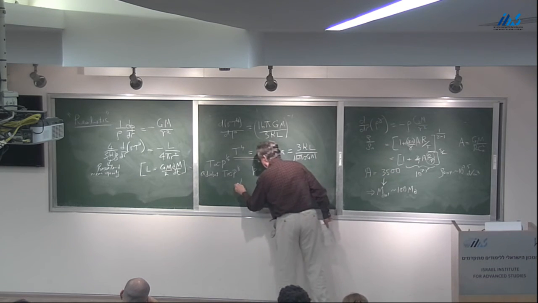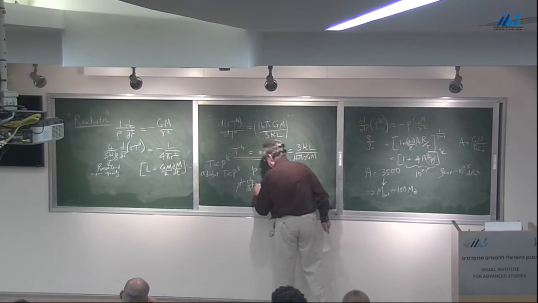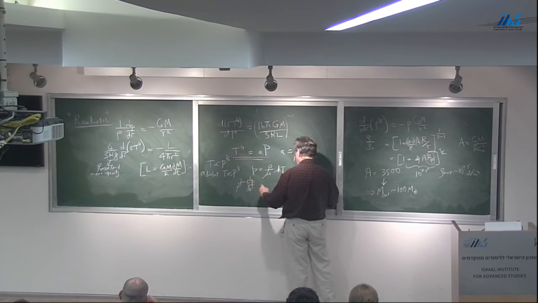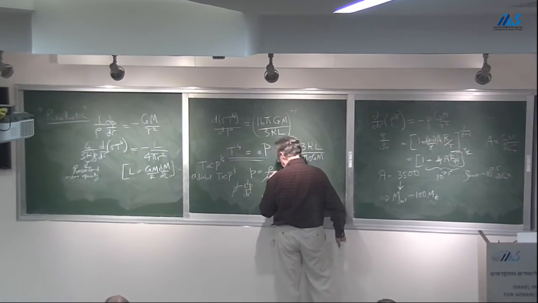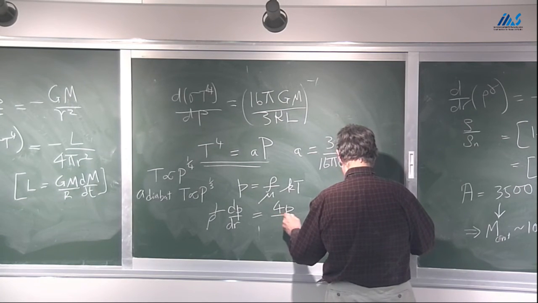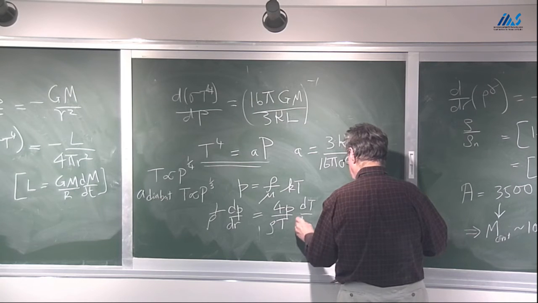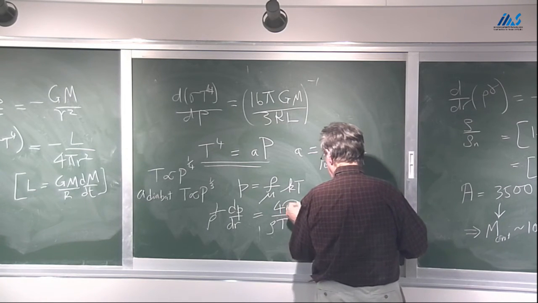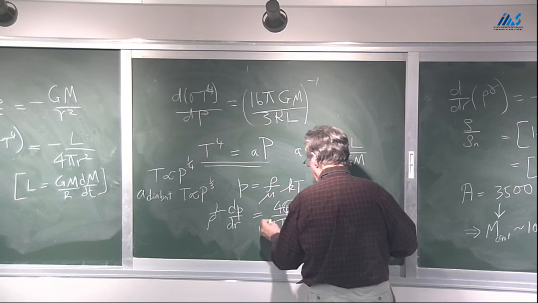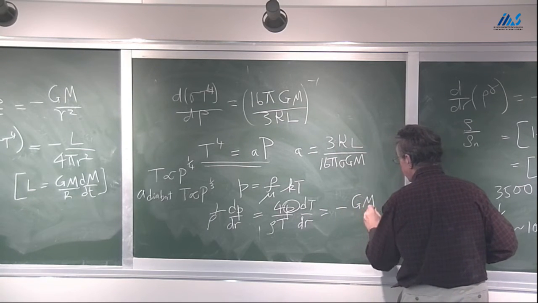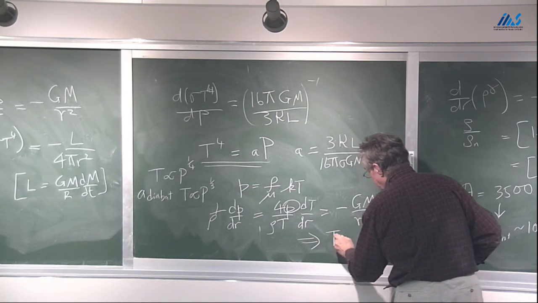And so my equation of hydrostatic equilibrium, 1 upon rho dP by dr, is, of course, if P is scaling with T to the fourth, then I can just rewrite that in the following way: 4P upon rho T dT by dr, but with P equals rho mu upon kT, the T cancels, and so what I get over here, of course, is minus GM upon r squared, and the solution to that is beautifully simple.